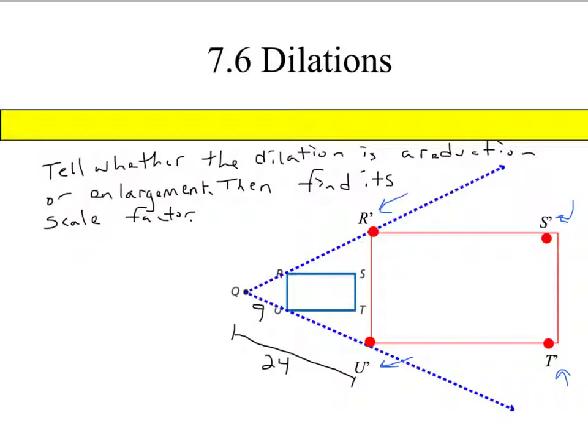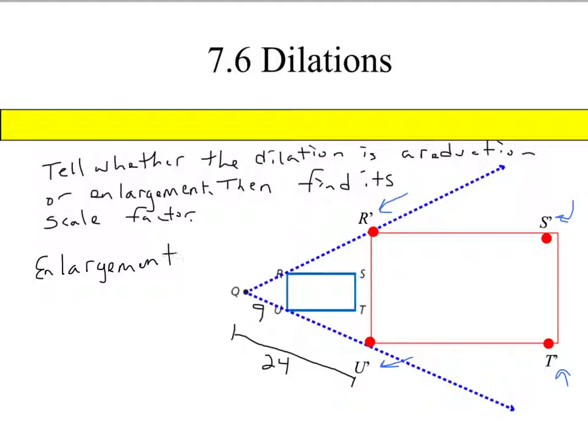That blue square is your pre-image. Your red rectangle, it's not a square, is your image. When it goes from your pre-image to your image and it gets larger, is that a reduction or an enlargement? That would be an enlargement.